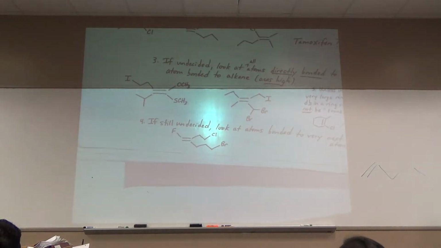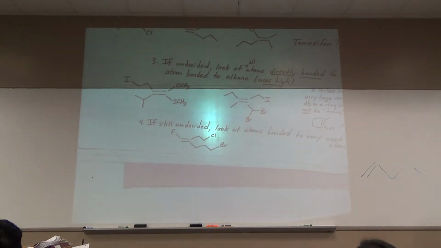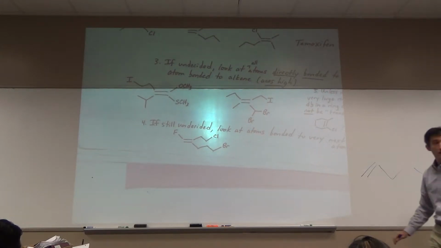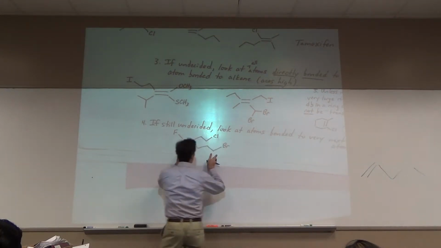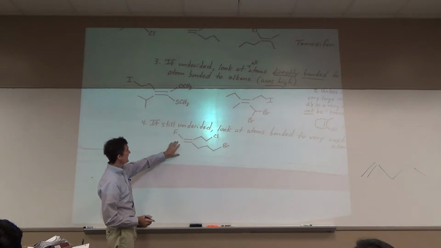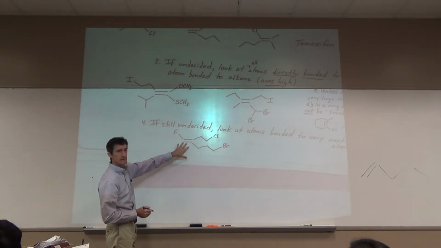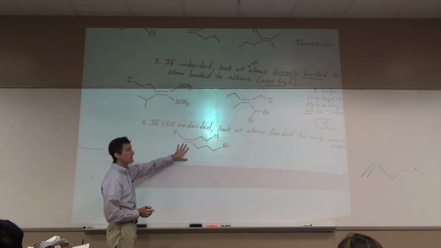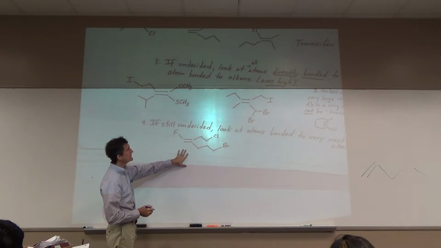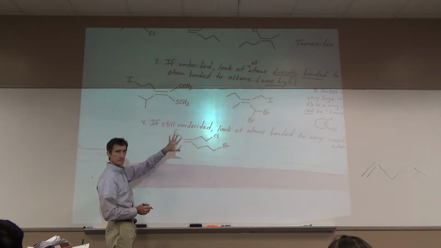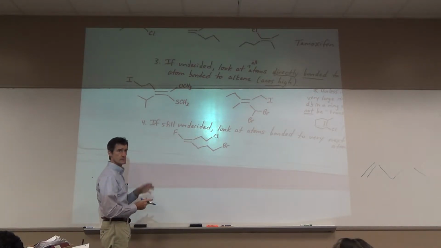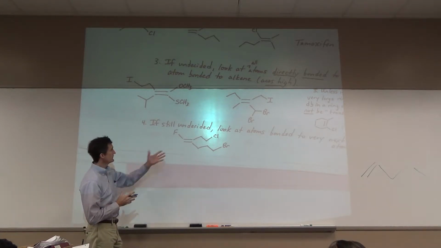Did it ask for a name? What are we doing with this structure? Just E or Z? We can name it, but was there anything else that was asked that I did not answer? For example, is this E or Z?